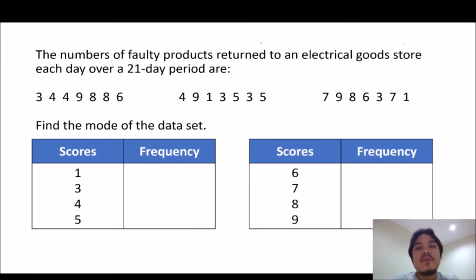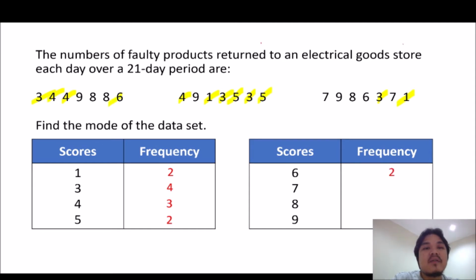Okay, so 1 appears 2 times. So we're going to write 2 in the column for frequency. For 3, it is 4. For 4, it's 3. For 5, 2 times.